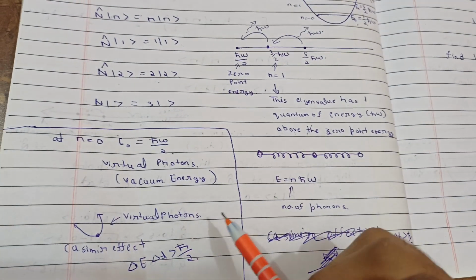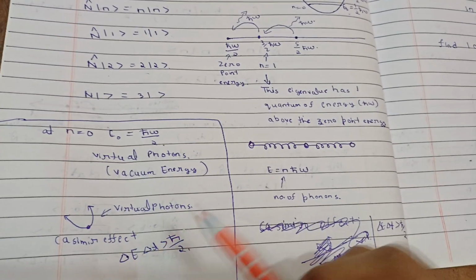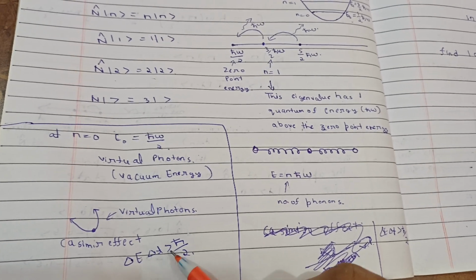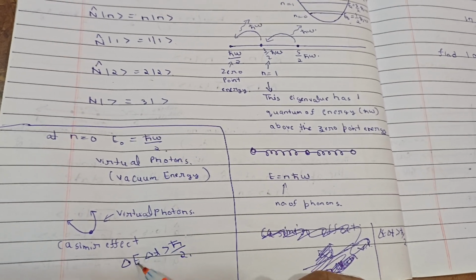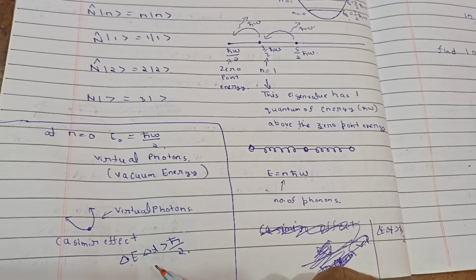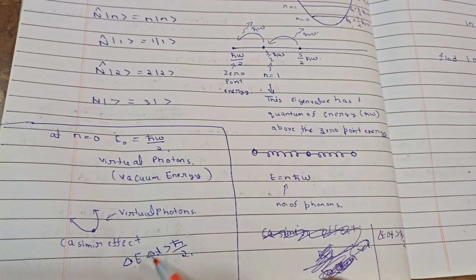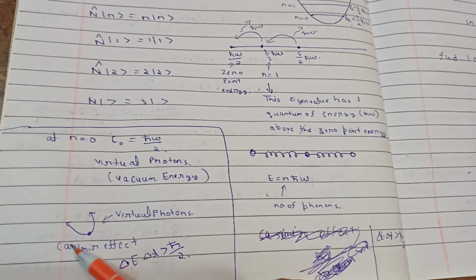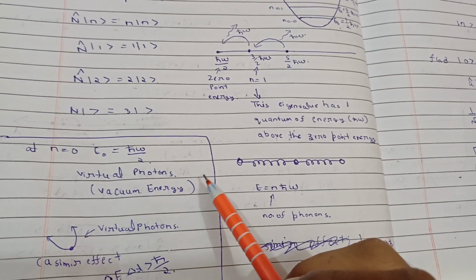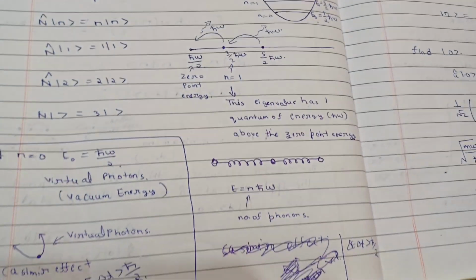There is a concept of virtual photons that will be emitted, and you know that energy can't be created or destroyed, but there is the uncertainty principle in quantum mechanics, that is delta E delta T greater than ħ by 2. So this amount of energy can be produced, and the condition is it must be returned back in delta T time. So this uncertainty is possible. That's why the Casimir effect comes into the picture. So you can study about this, it is a very interesting concept. These are virtual photons that will come from the vacuum. We also call them antiparticles. So that gave this energy when there is no vibration or no photon.